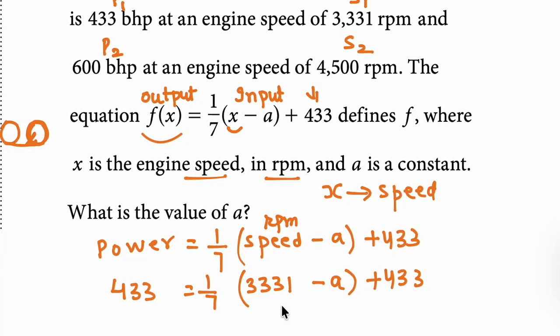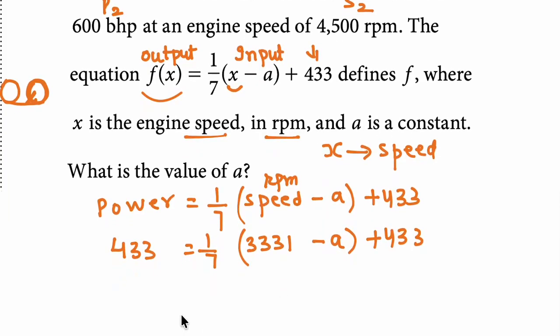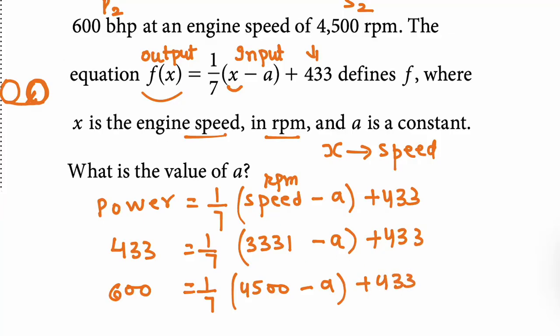Another piece of information is that when power is 600, the speed is 4500 revolutions per minute. So we have collected the data very efficiently. This is what it means in the equation. These are the two values.